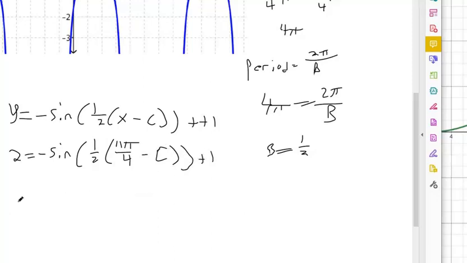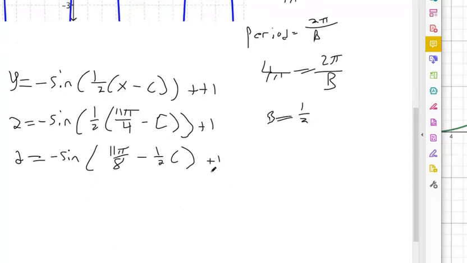Okay. So we can distribute that 1/2. So that makes 11 pi over 8 minus 1/2 C, plus 1. And then let's subtract that 1 from both sides.